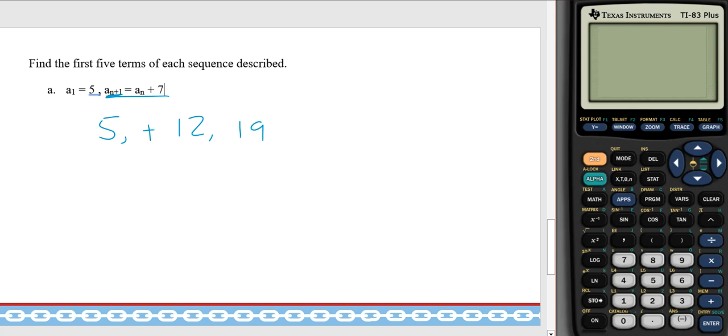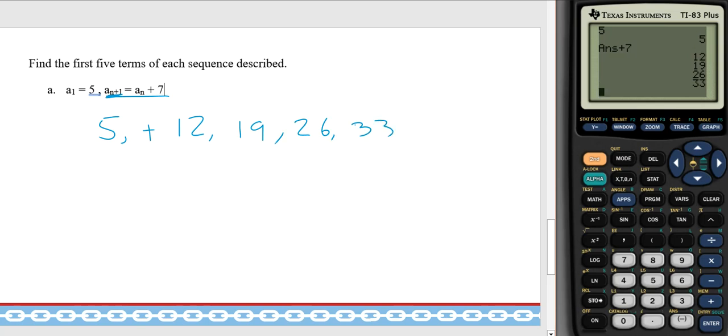On the calculator, we'd put the 5 in, and then we could just hit plus 7, and if we want the next 4 terms, there they are. There are our first 5 terms of that sequence.